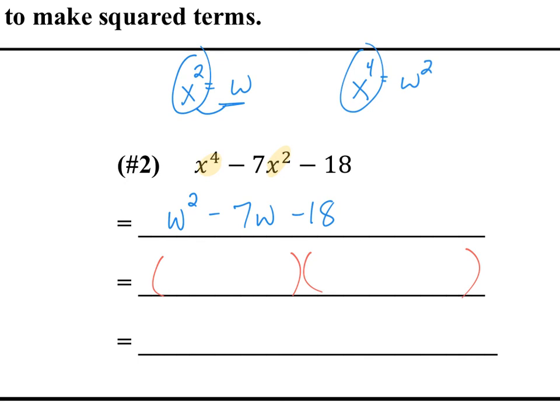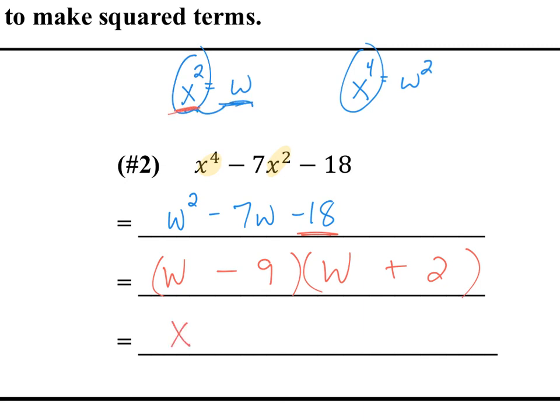Now, we will factor this using a smiley face, W times W. We're going to have negative 9 and positive 2. Because negative 9 times positive 2 is negative 18, and negative 9 plus 2 is negative 7. The last step is, do you see where those W's are? We're going to replace the W with an x squared.